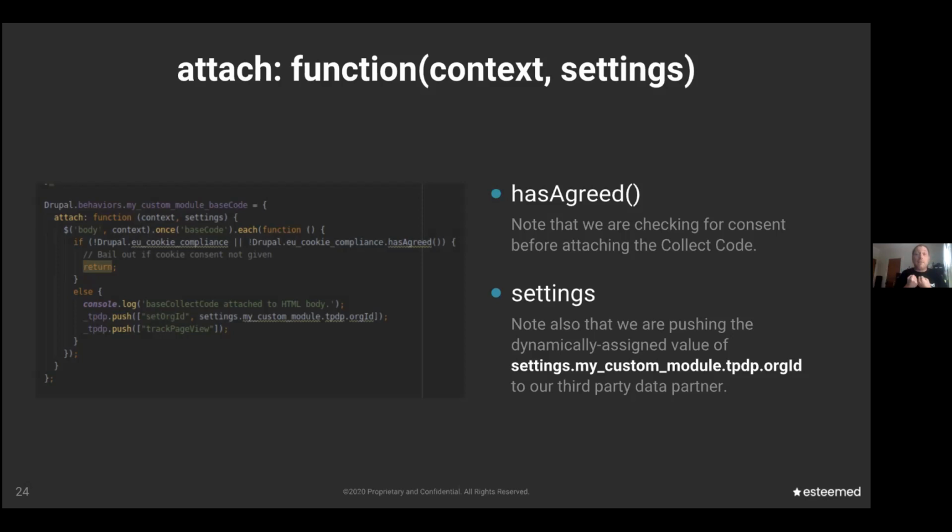And I can get that value here in my JavaScript, which I set back in my PHP. This is just a very simple example of the kind of tricks you can do with this. But it's allowing us to push the dynamically assigned value of the setting to our third-party data partner using this JavaScript API. And it's something that you wouldn't easily be able to do in a snippet.